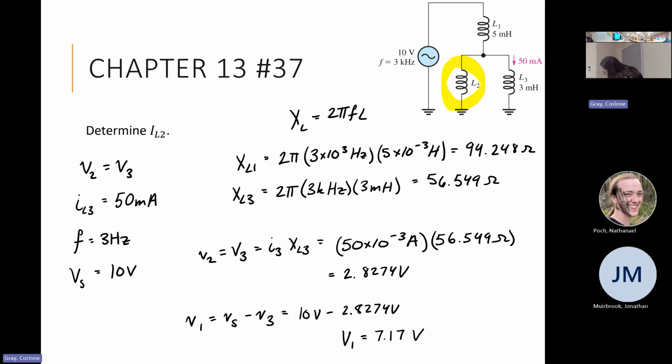All right, so now that we have the voltage across V1, we do still have to deal with Ohm's law, but that is going to let us find that current value. Before we do that, any questions up until this point?